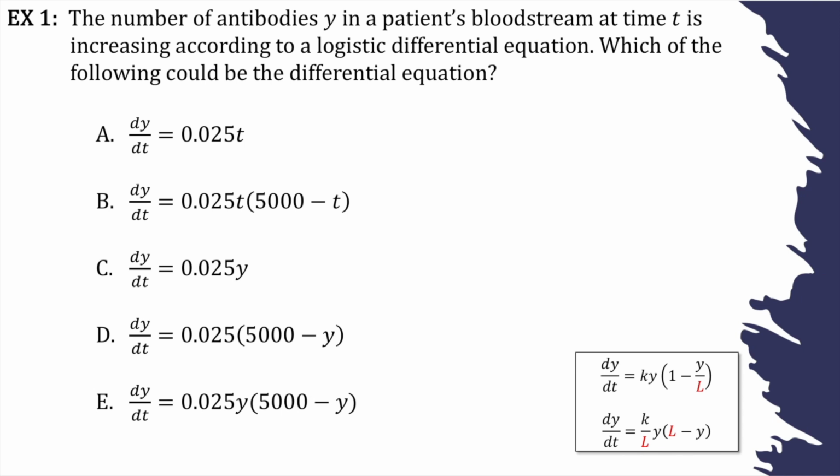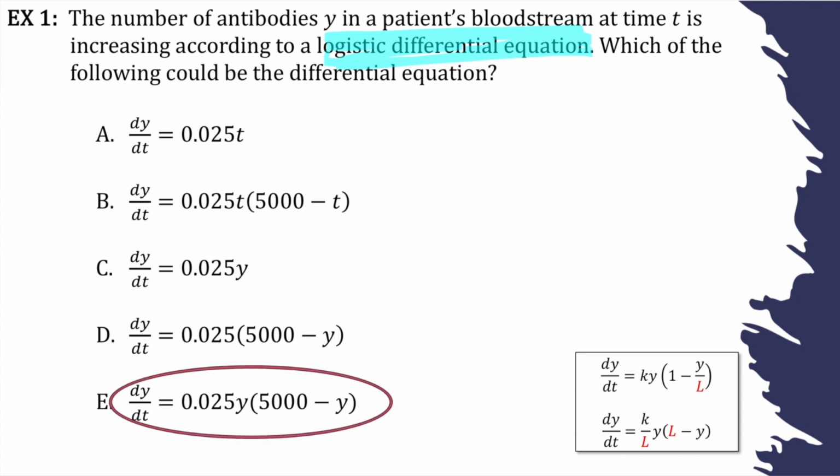With that in mind, let's look at this one. The number of antibodies, y, in a patient's bloodstream at time t is increasing according to a logistic differential equation. Which of the following could be that differential equation? So look at those and see which one you think.